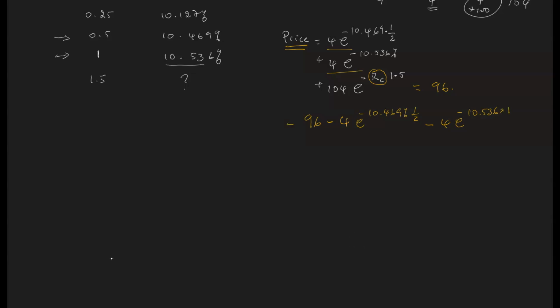All of that is going to be equal to the 104 multiplied by the exponential of minus our realized compound yield multiplied by 1.5.